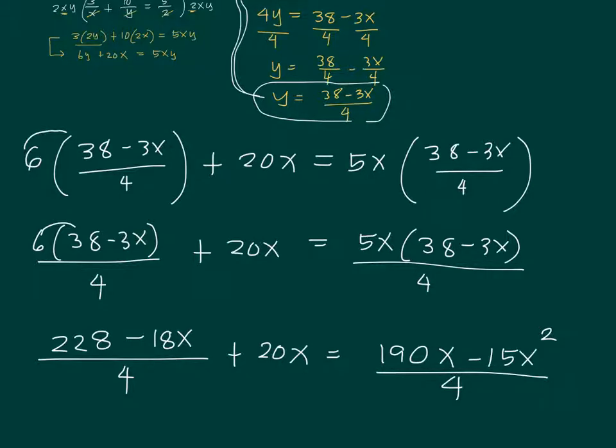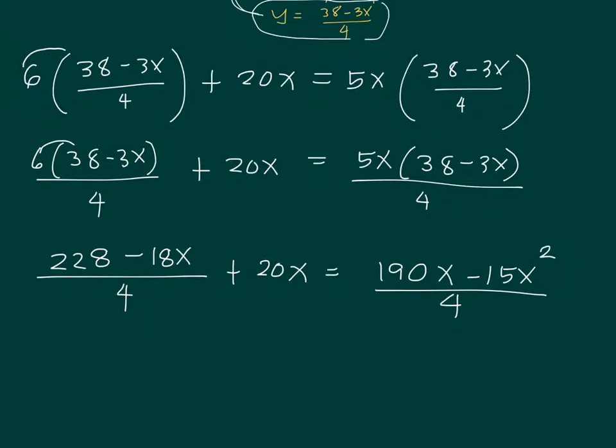And still we can do more steps to simplify this. So as you can see, you have over 4 and over 4.